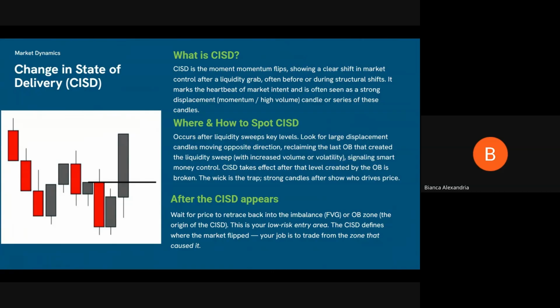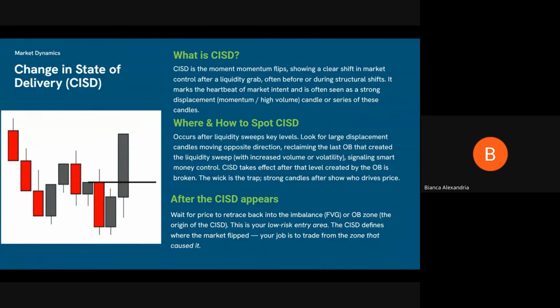We talked about market structure shifts, which signal how control may be changing. So the next criteria is the change in state of delivery. It describes the moment when market control visibly shifts hands, when price stops delivering in one direction and begins delivering with aggression in the opposing direction.